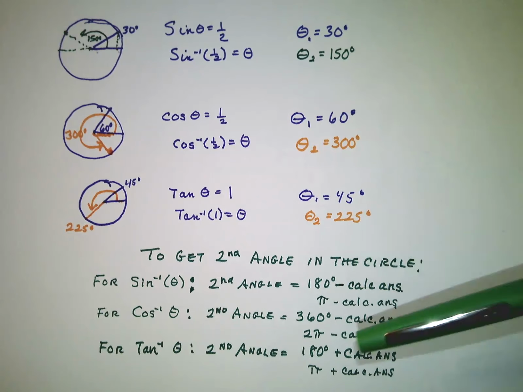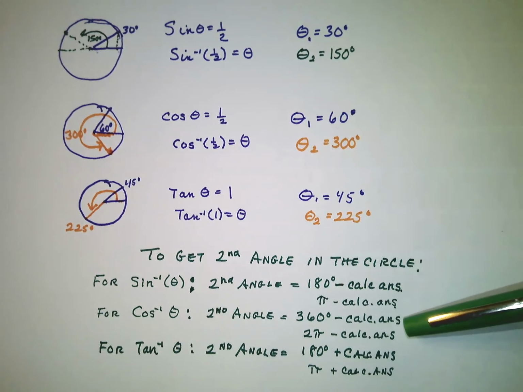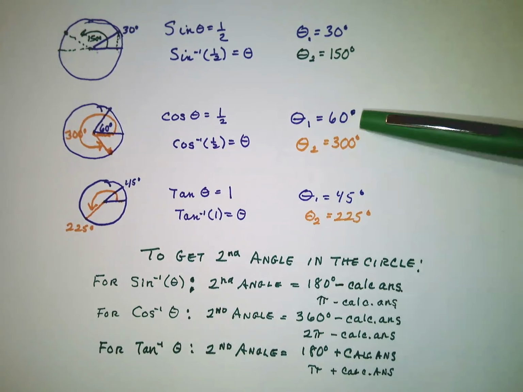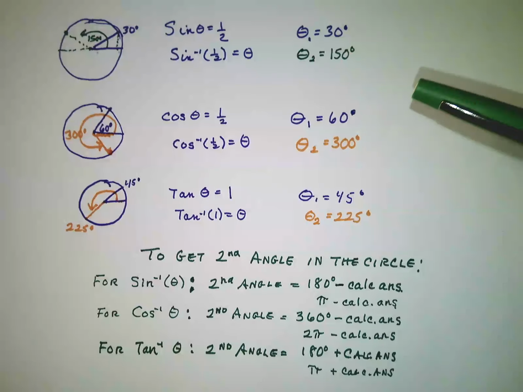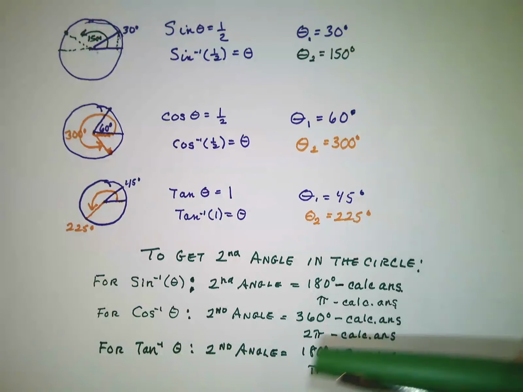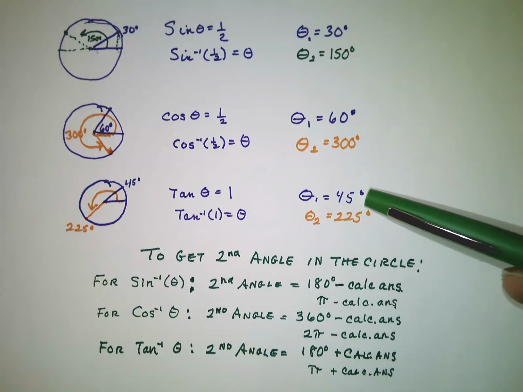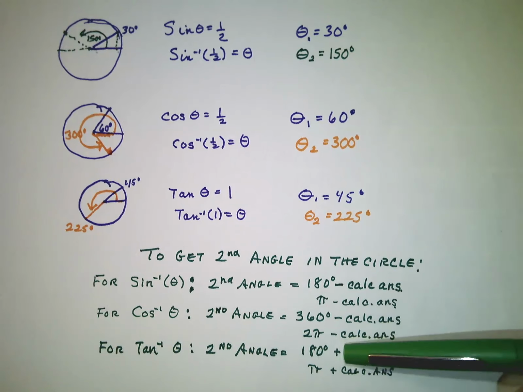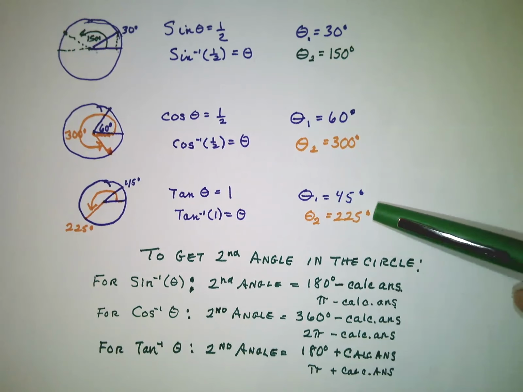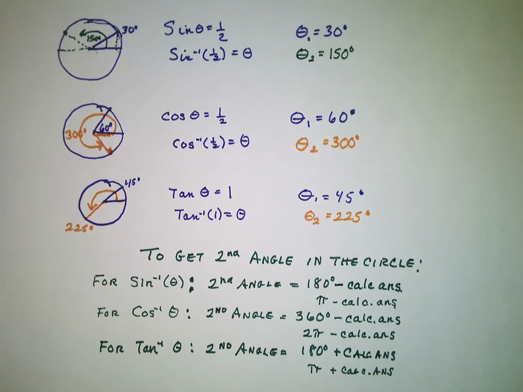To get the second angle, it says take 360 minus whatever the first answer was. That would give us the 300. And on the inverse tangent, our first response was that 45 degrees has a tangent value of 1. If we take 180 plus that answer, we do get the second angle in the circle with a tangent value of 1.